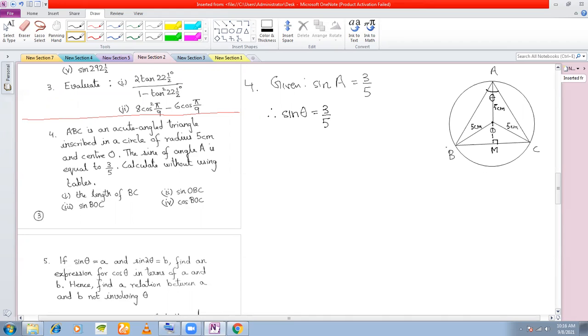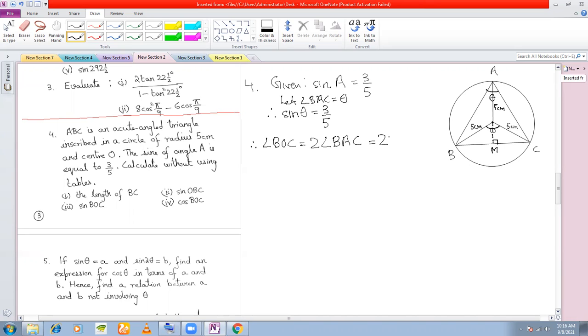Okay, so therefore, what should be BOC? What should be this angle? From your class 10 angle properties of circles, angle subtended by an arc at the center is twice the angle subtended by it on the remaining part of the circle. Therefore, what is angle BOC? BOC is twice angle BAC, right? I say let angle BAC be equal to theta.